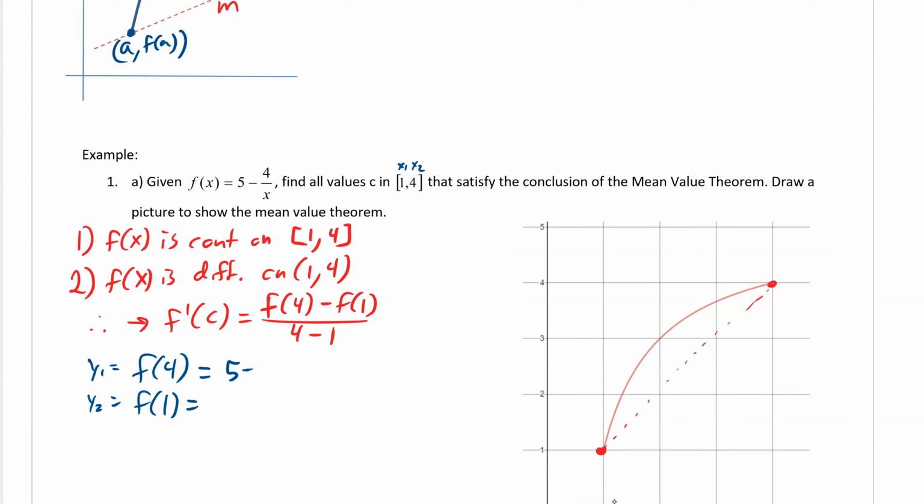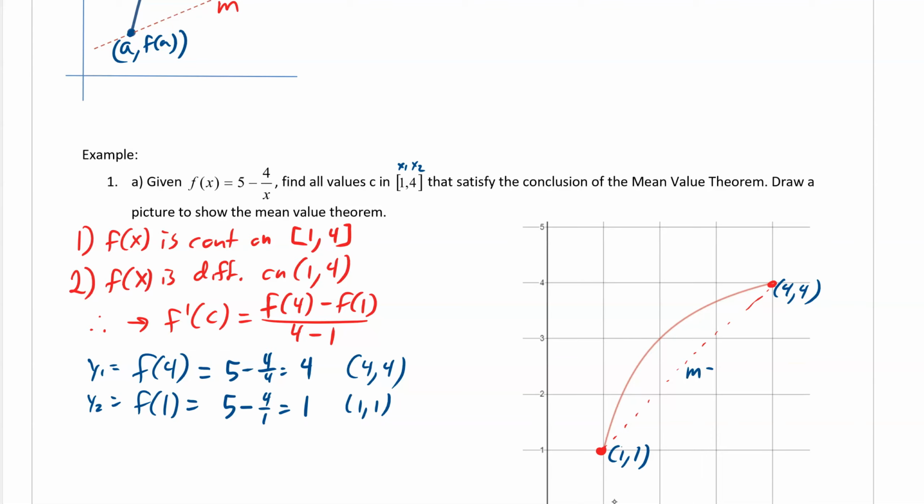So this is 5 minus 4 over 4, which would be 4, and this is 5 minus 4 over 1, which would be 1. So those points become 4 comma 4 and 1 comma 1, which is what we have on here.